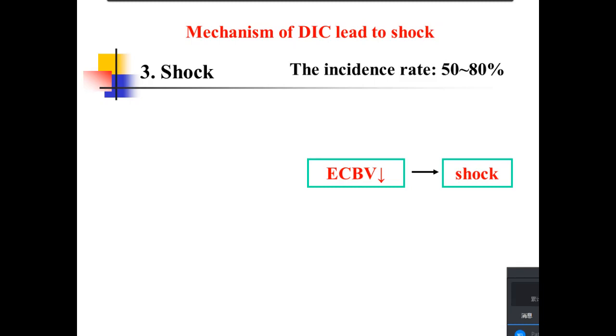DIC leading to shock includes how many pathologies? There are 5. You must remember them. First, microthrombus. Second, bleeding. The third, heart failure, cardiac output decrease.